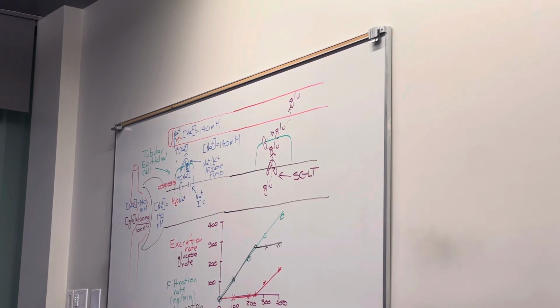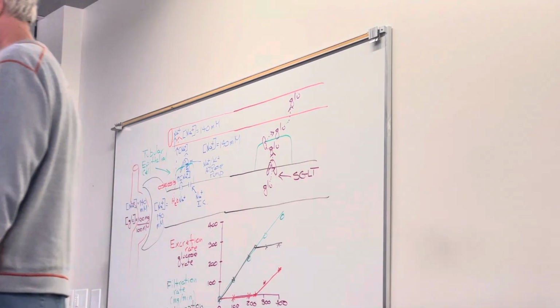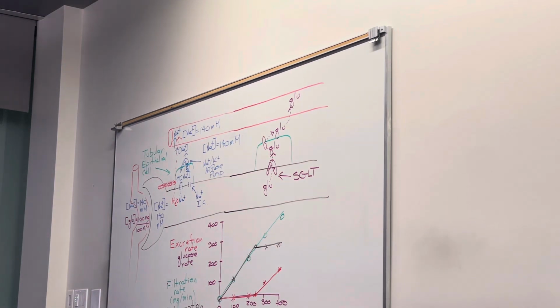Yes, sir. Is that why they say frequent urination is a symptom of diabetes? Fantastic. Really good comment. If you didn't hear what he said, is that why they say that frequent urination is suggestive of somebody with diabetes? That's exactly right. Because these individuals who are diabetic have elevations of blood glucose levels, and we cannot reabsorb all the glucose.